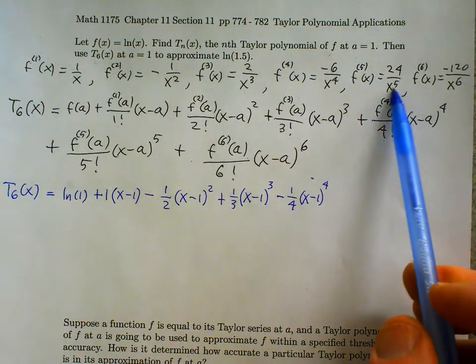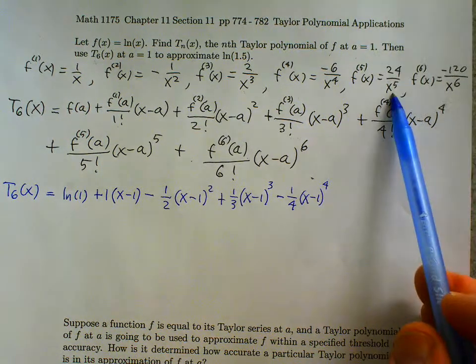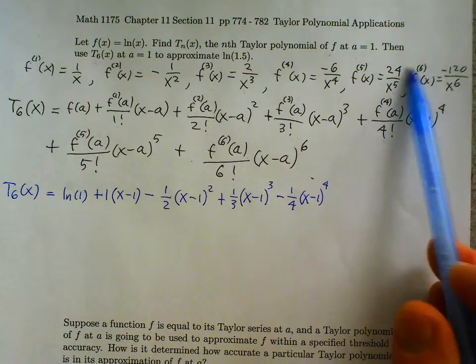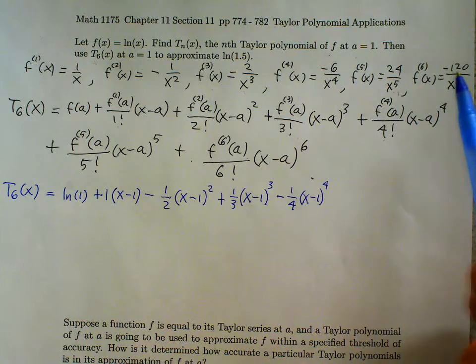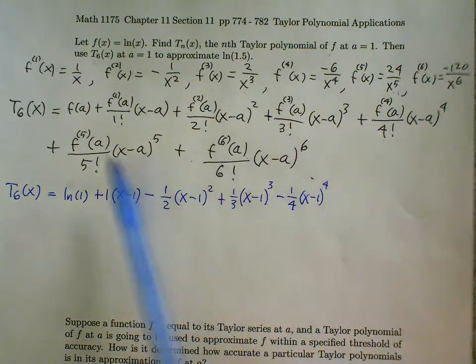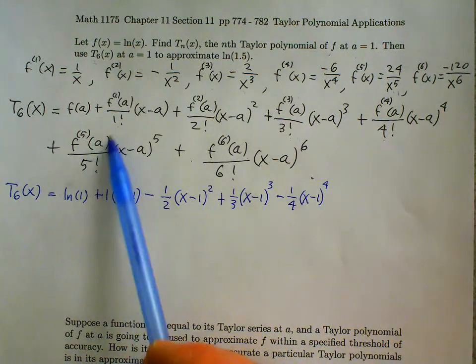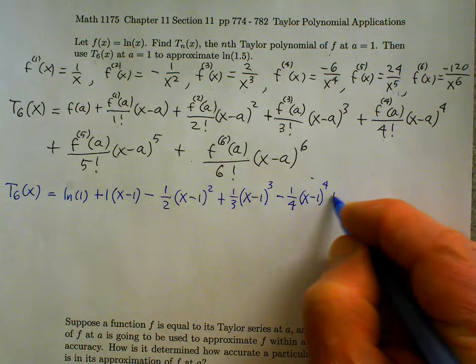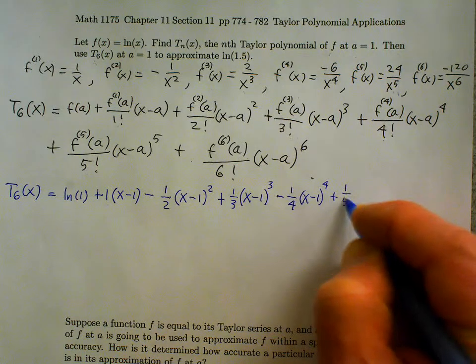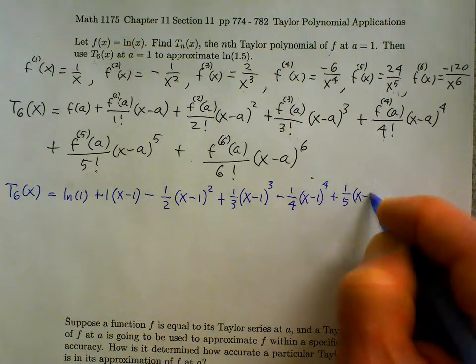And then the next term involves the fifth derivative of f, which is 24 over x to the fifth. At a equals 1, that's just 24. But then the coefficient is 24 divided by 5 factorial, and that simplifies to positive 1/5. So we have plus 1/5 times x minus 1 to the fifth.